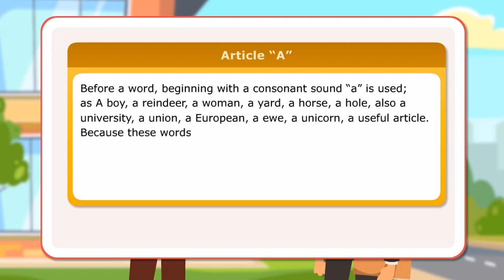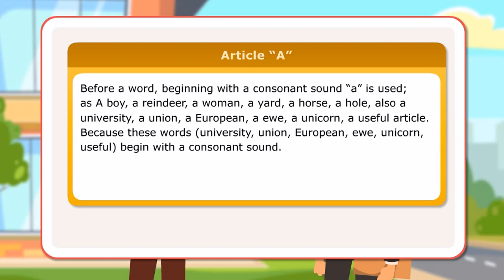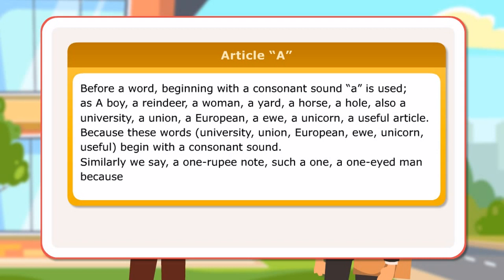Because these words, university, union, European, EU, unicorn, useful, begin with a consonant sound. Similarly, we say a 1 rupee note. Such a one-eyed man, because one begins with the consonant sound W.